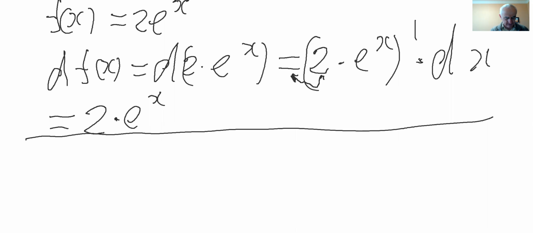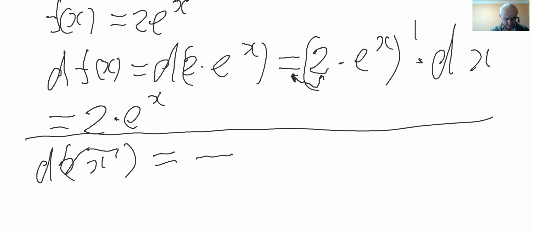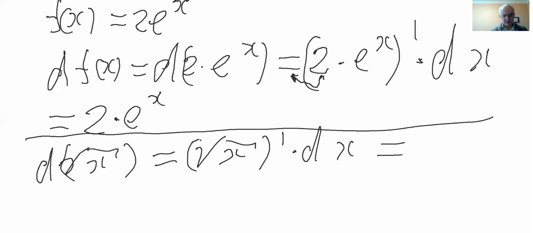Let's give a next example. For example, we need to find d of square root x. The formula is the same. It's the derivative of the function, and derivative of square root x times dx equals... Do you remember?